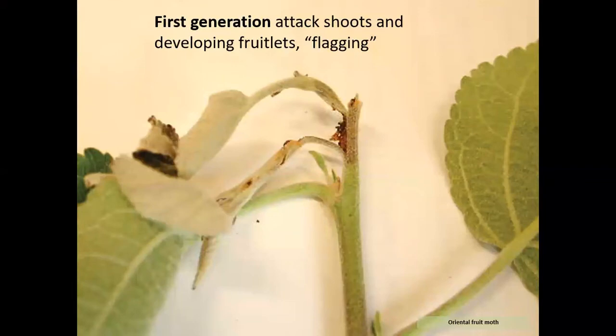In the early season, before the fruitlets begin to develop, Oriental fruit moth can cause flagging on the shoot, where the larva tunnels into the new growth on the succulent shoot and feeds on the inside of the limb. This causes dieback of the leaves, and the stem can fold over and create this flagging appearance.